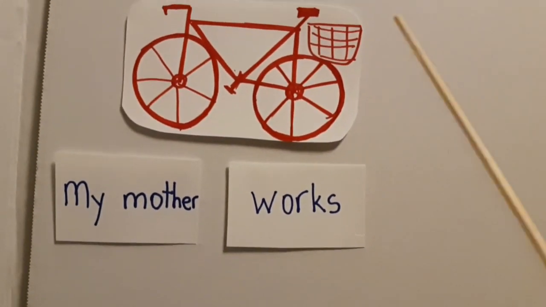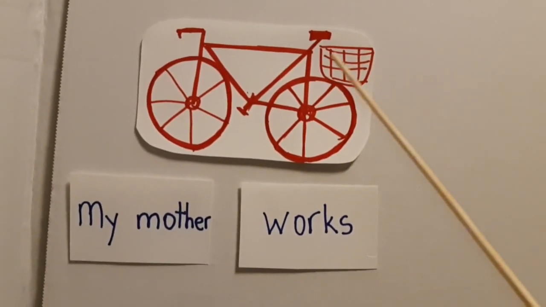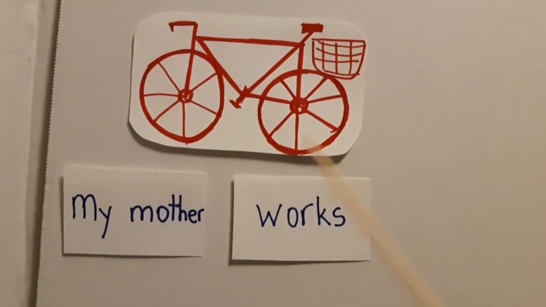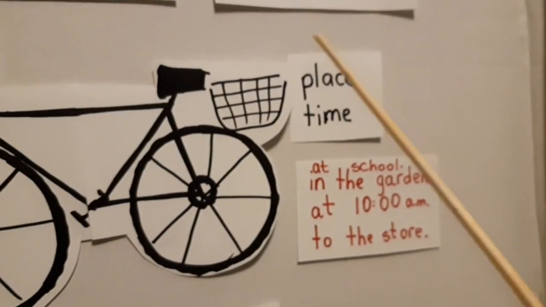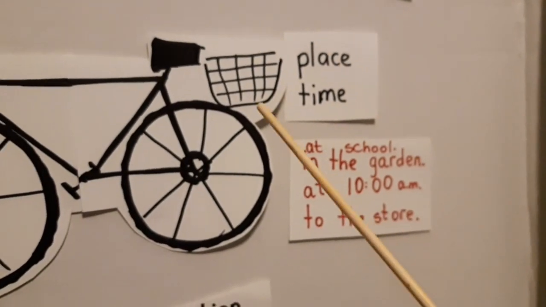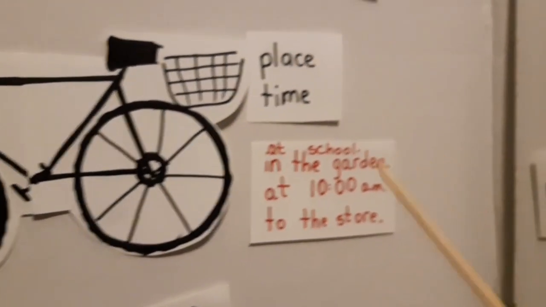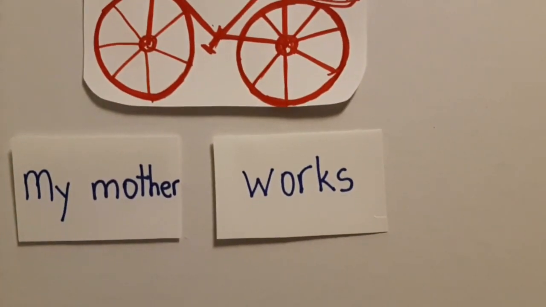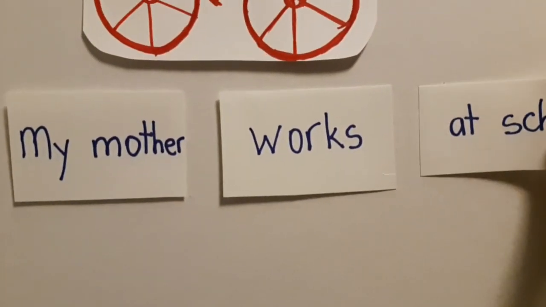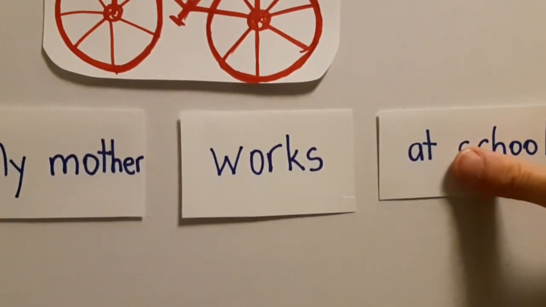So now I want a little piece from the basket. Remember, the basket was for the place or maybe for the time. So now I'm going to choose a place.